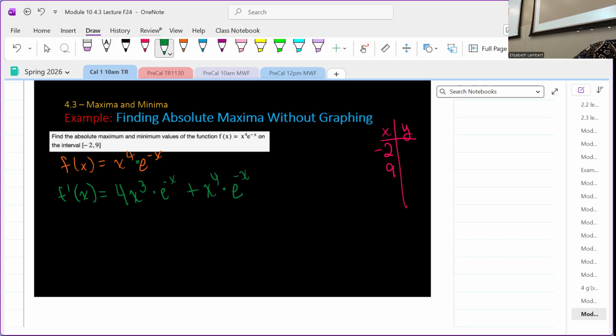That'll be e to the negative x again, because the derivative of e to the something is e to the something, times the derivative of something. The derivative of negative x is -1. The derivative of the first one, kept the second one the same, kept the first one, derivative of the second one with chain rule.